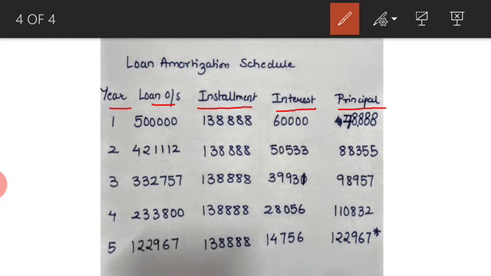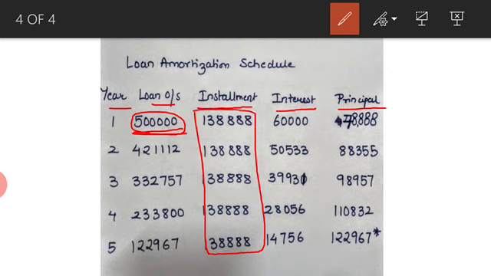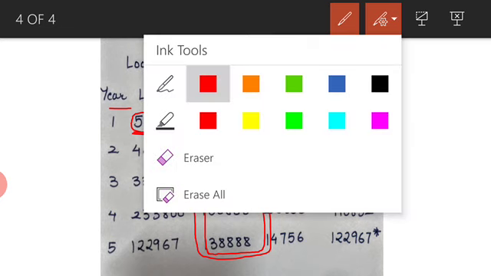Let's understand. Please listen to it very carefully. First of all, in the year 1 you had taken a loan of 5 lakh rupees. So the loan outstanding at the beginning of year 1 is 5 lakh rupees. Installment for all the years would remain the same, that is 1,38,888, as we have calculated using the present value of annuity formula. The installments would be 1,38,888 for all the years.